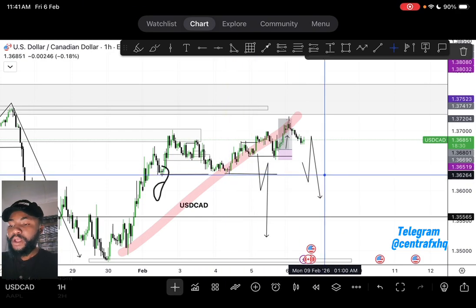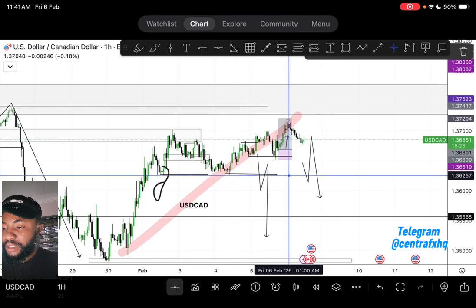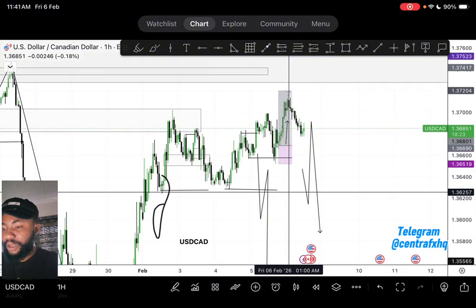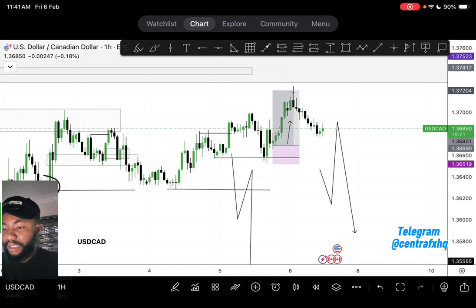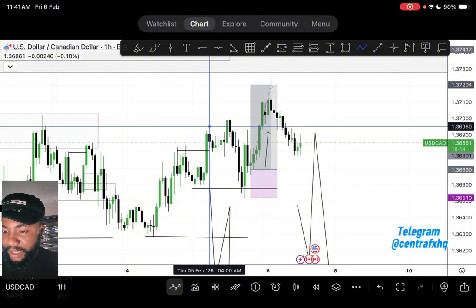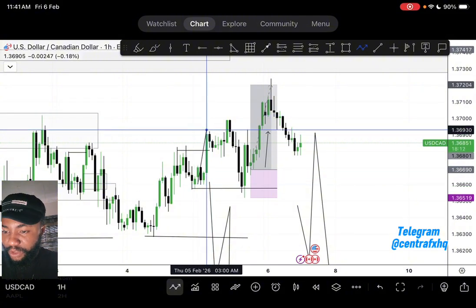I was just observing my chart, and then I saw a clean setup, and I said okay, I'm going to take this trade. Price created this higher high, this big movement to the upside, higher high, higher low.